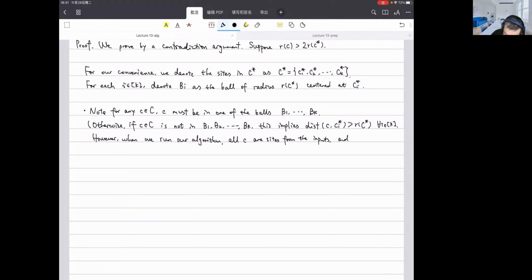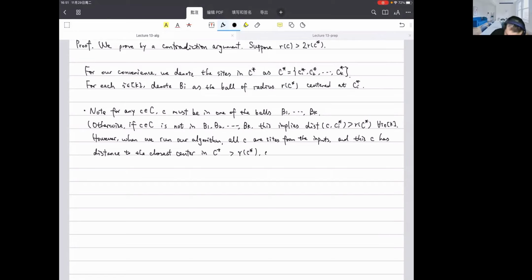In particular, this c has distance to the closest center in C star larger than RC star.